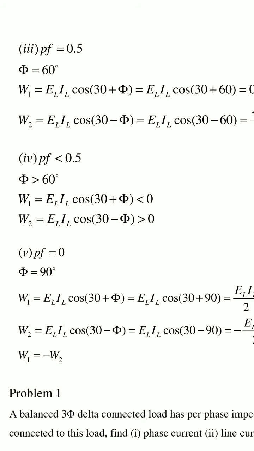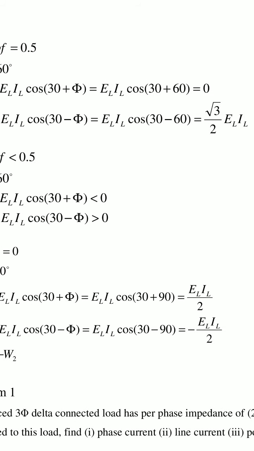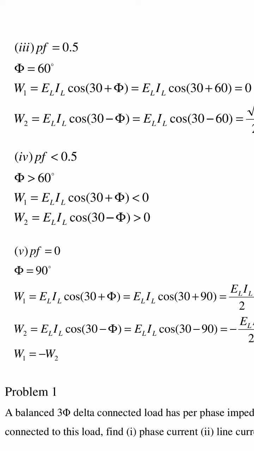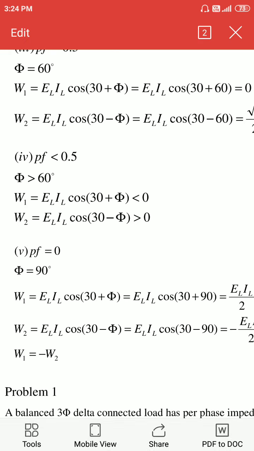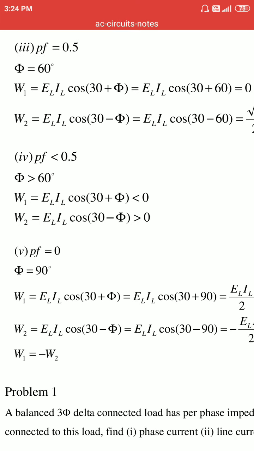W2 is equal to E_L I_L cos(30 minus 90), that is equal to E_L I_L by 2. So W1 is equal to minus W2 at the condition of power factor 0, phi equal to 90 degrees.